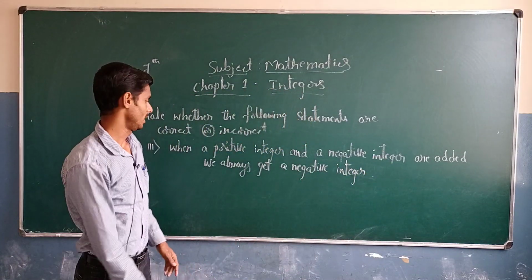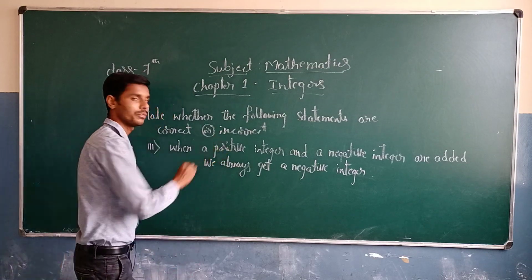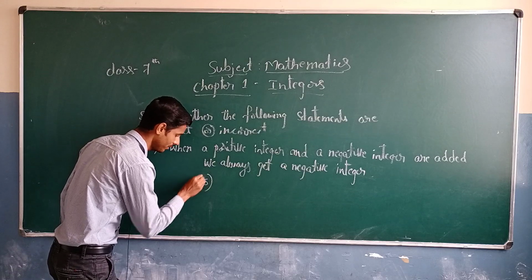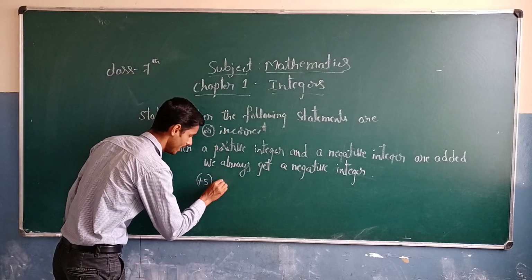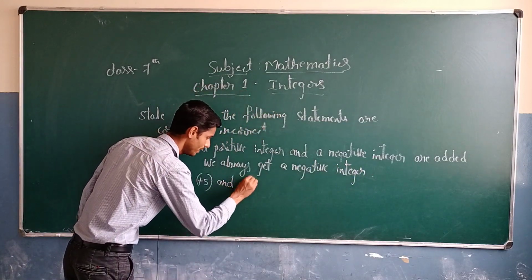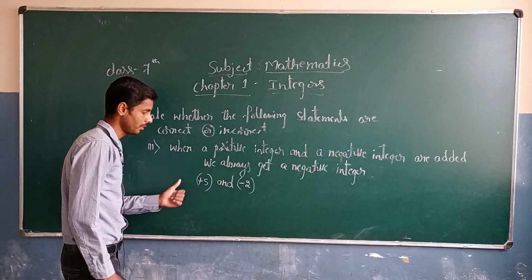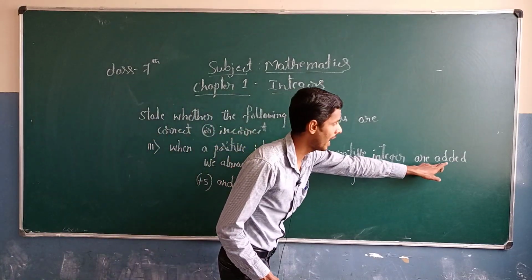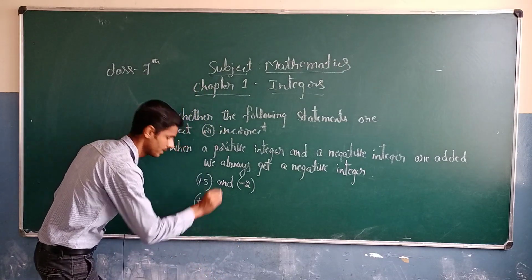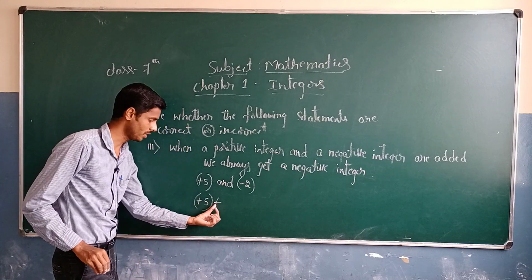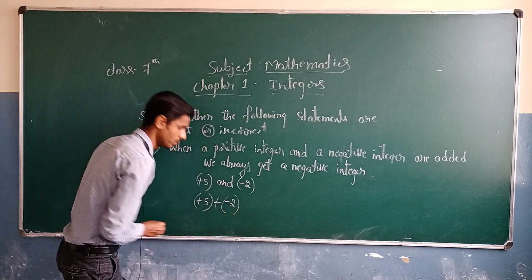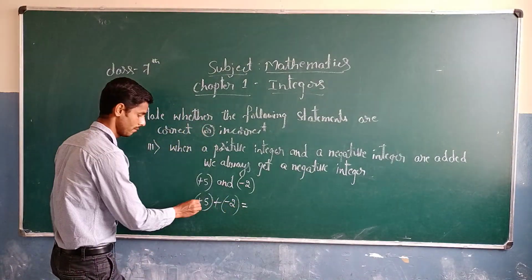Let's see which integer we will get. Positive integer, I will take plus 5. And a negative integer, minus 2, I will take. What we have to do for these two? We have to add. Plus 5 plus of minus 2.